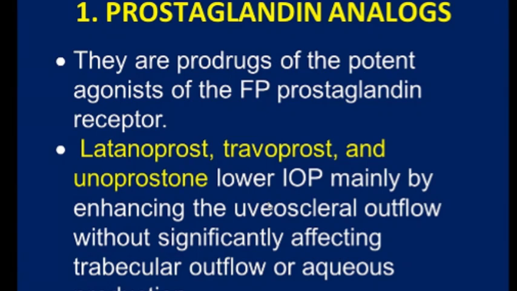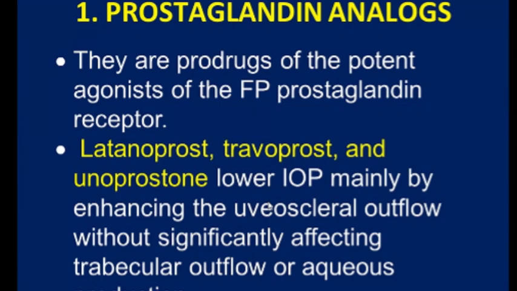So let me explain the difference between uveoscleral outflow and trabecular outflow. Trabecular outflow means the trabecular meshwork is being enhanced or opened for aqueous humor to drain very well.